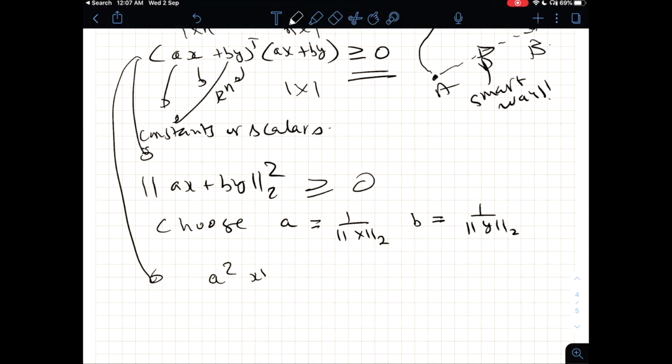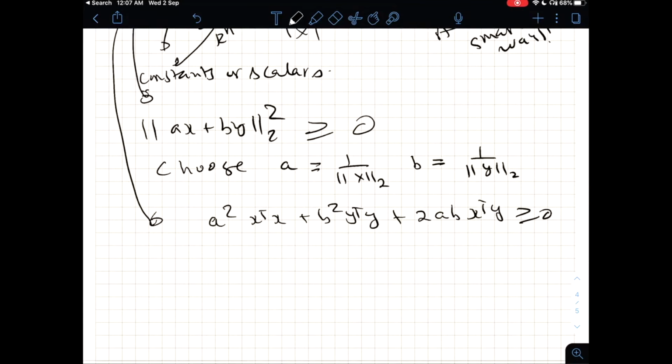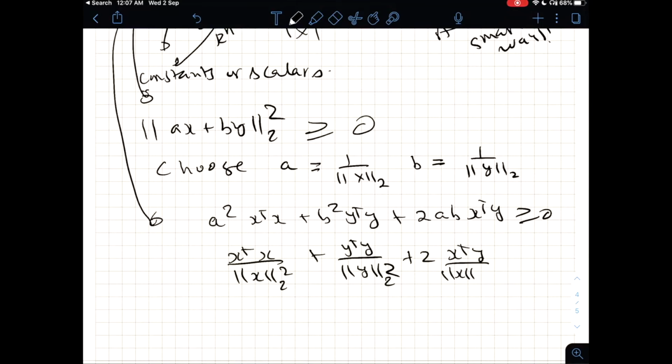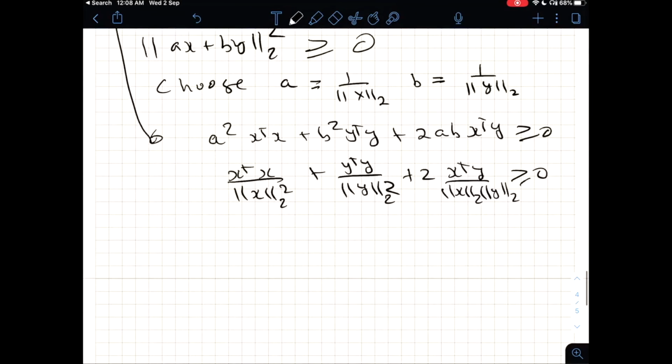Now when I expand this here, further down here, what is it that I am going to get? a square x transpose x plus b square y transpose y plus 2ab x transpose y. And this should be greater than or equal to 0. Now what is a square? a square becomes x transpose x by length of x square, plus b square y transpose y becomes y transpose y by length of y square, plus 2ab x transpose y becomes the following, and this should be greater than or equal to 0.